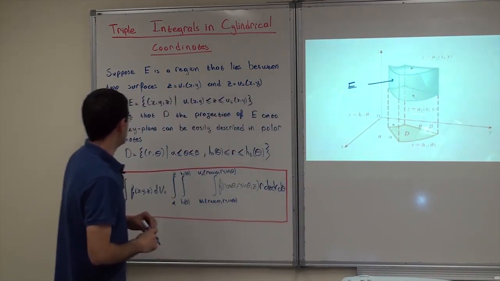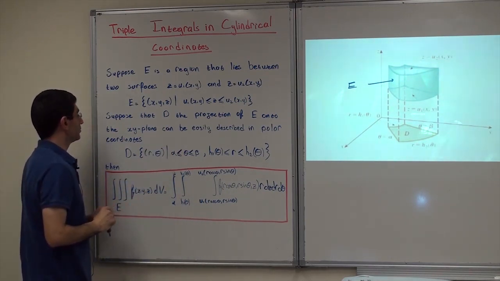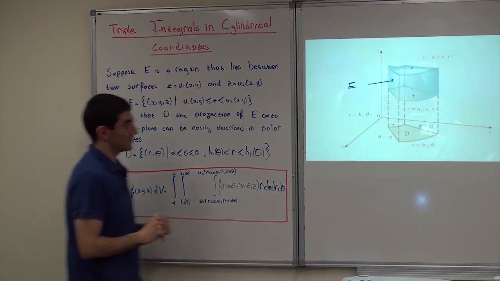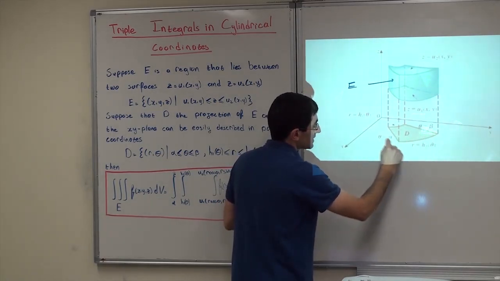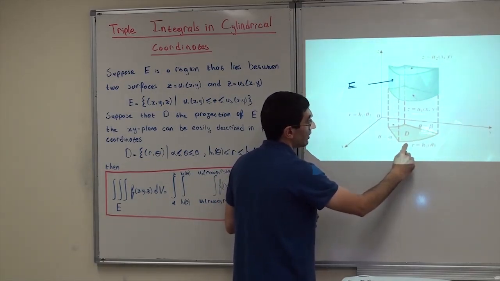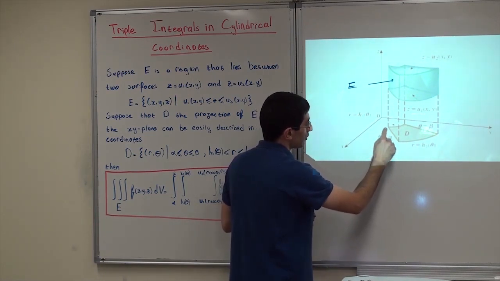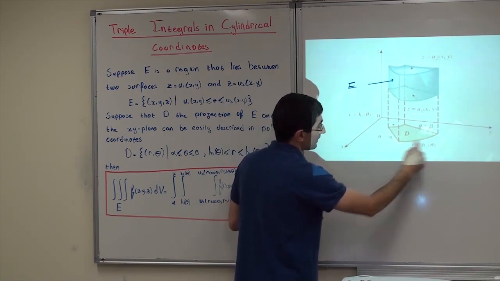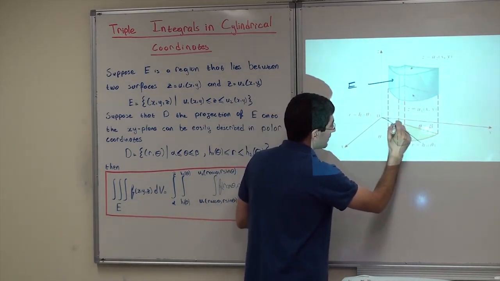We also suppose that the projection of solid E onto the xy plane can be easily described in polar coordinates. So, if we look again at our picture, here is the projection of our solid onto the xy plane, and I can describe this easily in polar coordinates where theta changes between alpha and beta, and r changes from this polar curve to this polar curve.